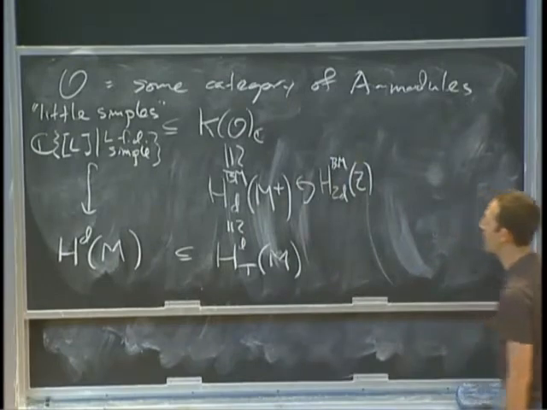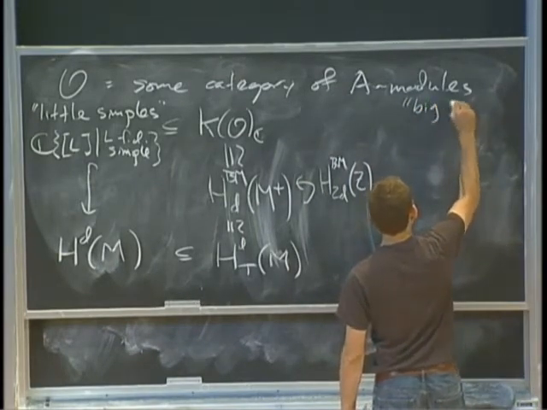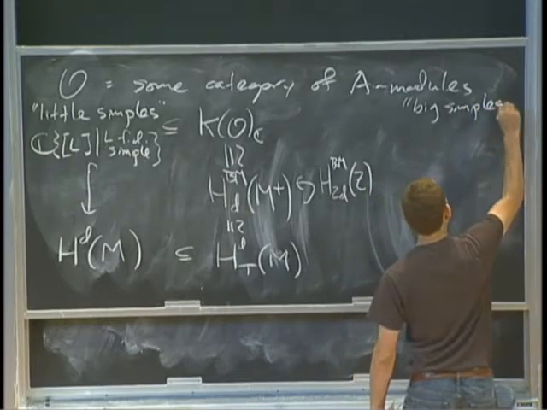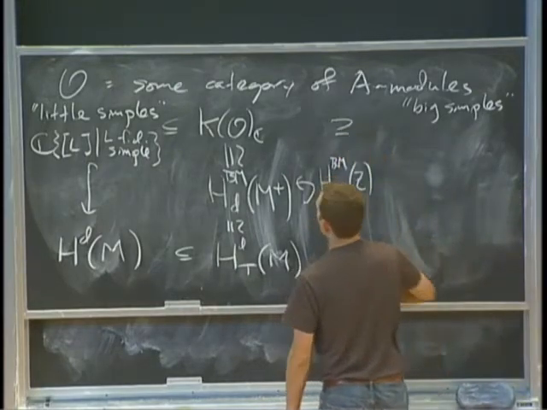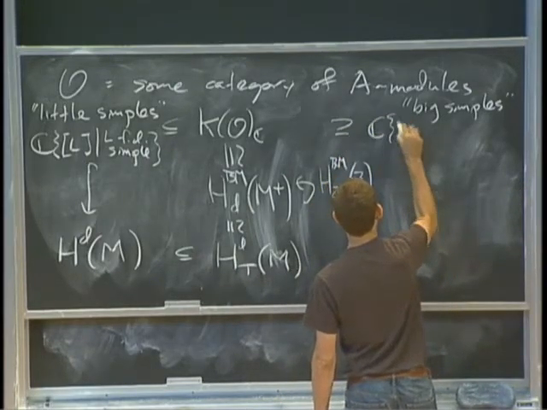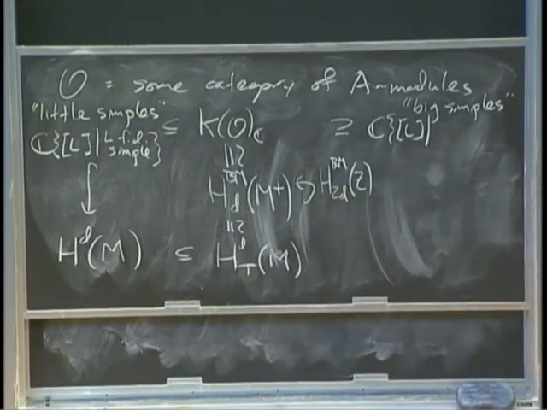I also want to think about the dual picture on the right. I want to think about big simples. So what's the opposite of being finite dimensional? It's not completely obvious. Big simples are going to be guys with trivial annihilator.